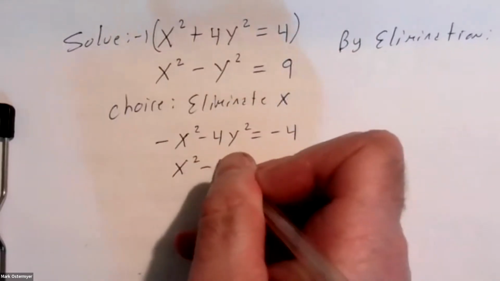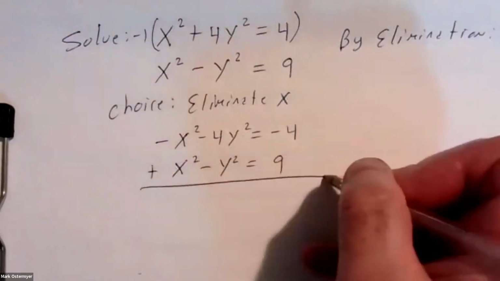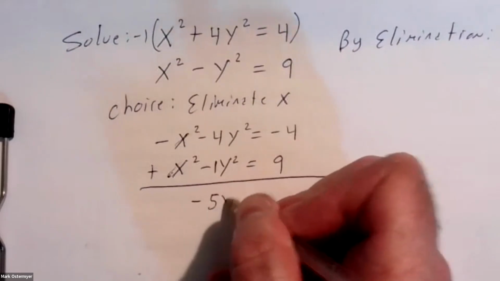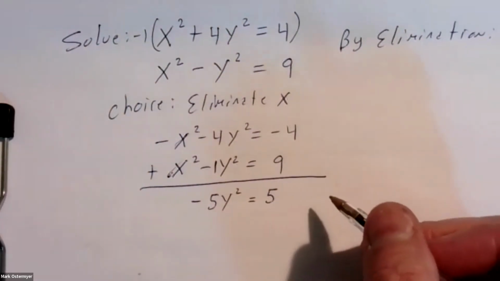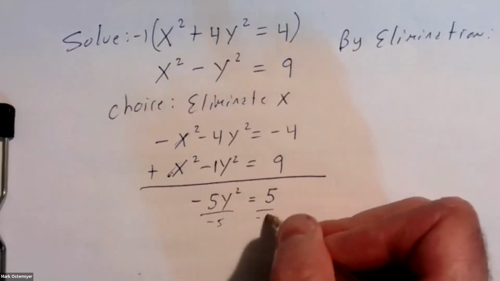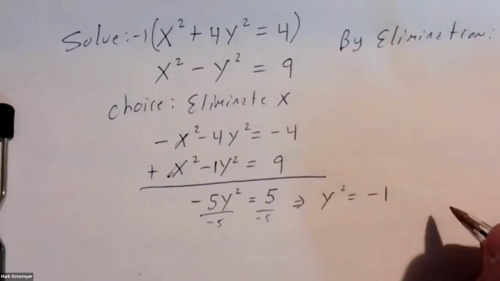Sliding the second equation underneath unaltered and adding these equations together, x is eliminated. The y squared terms add up to negative 5y squared, and the right-hand side goes to 5. Solving for y squared, we divide both sides by negative 5, and y squared equals negative 1.